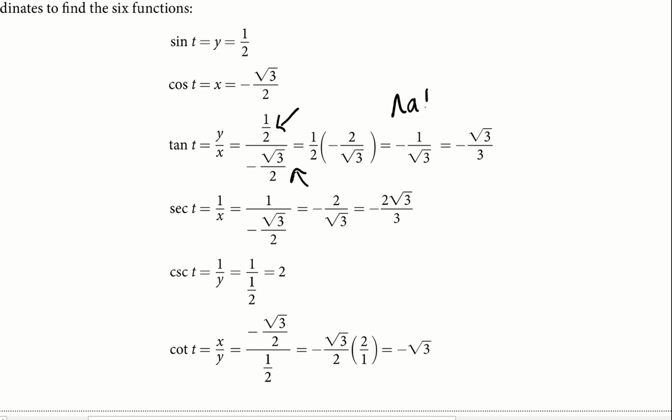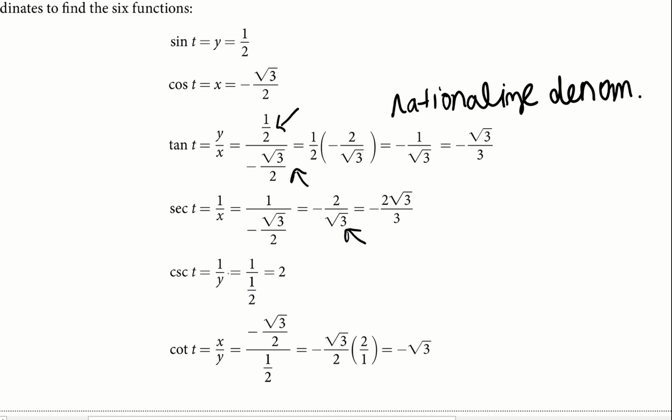You will have to rationalize denominators. So if you're not familiar with that process from Algebra 2, go back and maybe review it. Notice that secant is 1 over x, which is 1 over cosine. Again, it had to be rationalized.